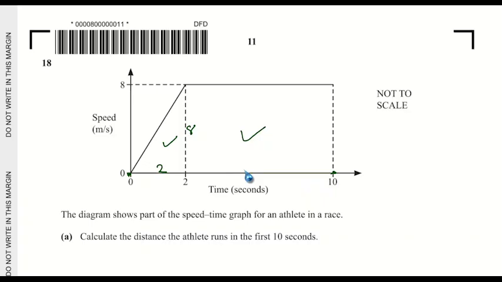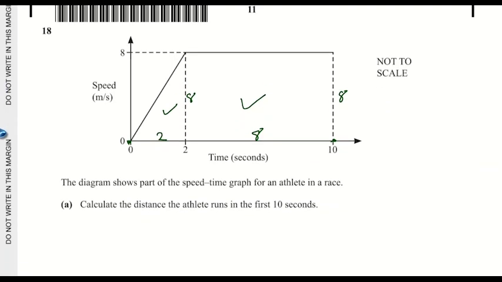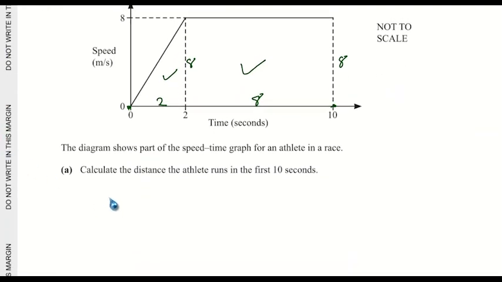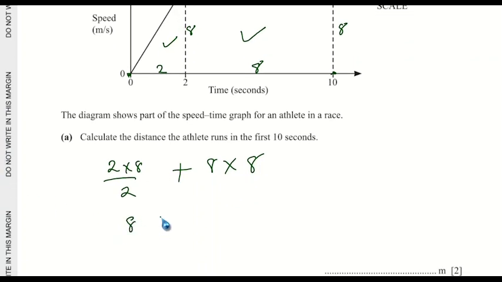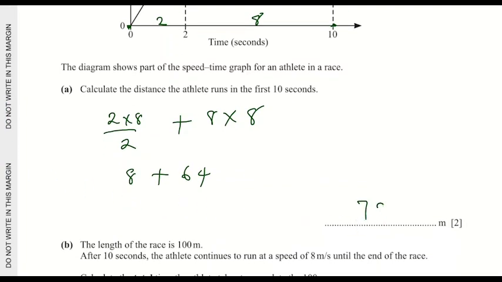So here is 10 minus 2, here is 8, and here is 8. So the area of the triangle is base times height, that is 2 times 8 divided by 2, plus the area of the rectangle, which is 8 by 8. So this gives 8 plus 64. If you add these two together, you get 72. So we have 72 meters. That is the area covered there.